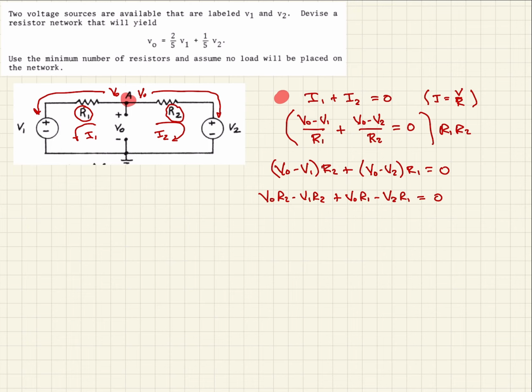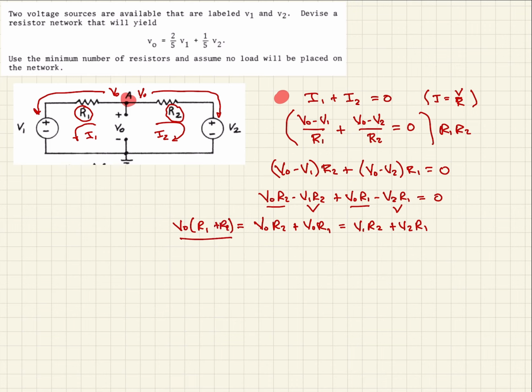Now we're trying to solve for the output voltage, so we want to put the V0 terms on the left-hand side and the non-V0 terms on the right-hand side. We'll just add those since they're negative. We come up with V0 R2 plus V0 R1 equals V1 R2 plus V2 R1. If we take out a V0, it's just V0 times R1 plus R2.